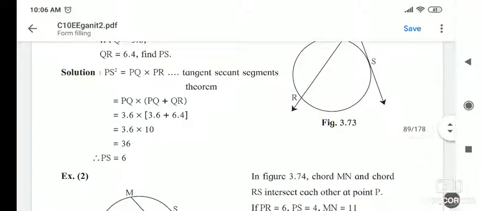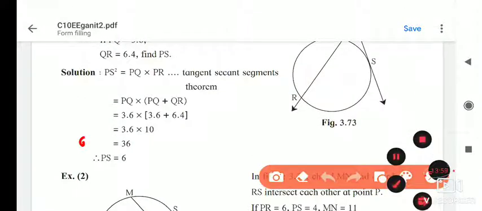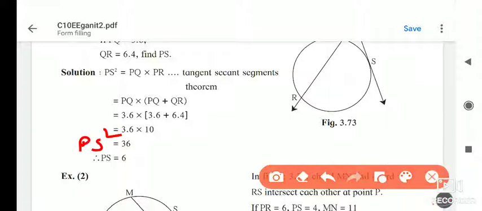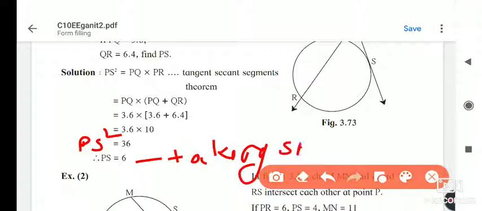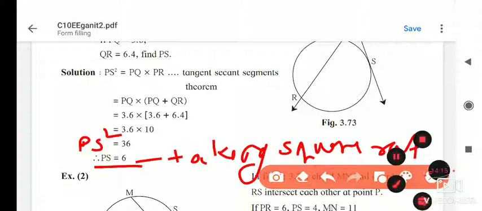Okay, we got the value of 36, and it is the value of PS square. Taking square root, PS is equal to 6. Okay, understood all of you?